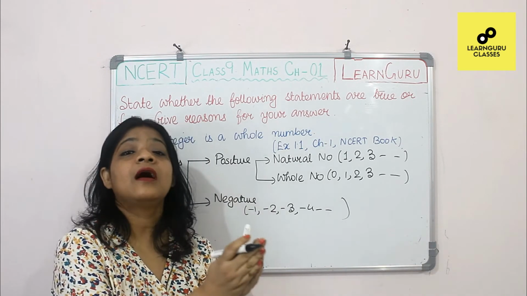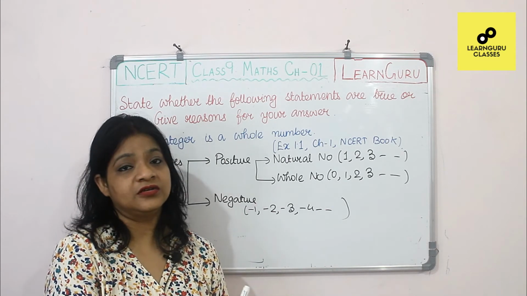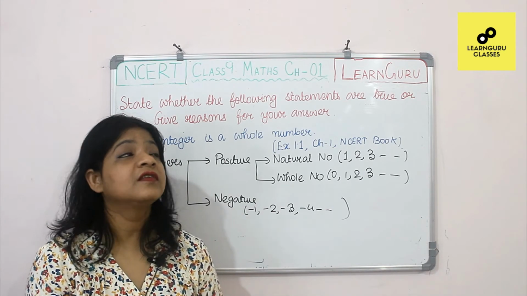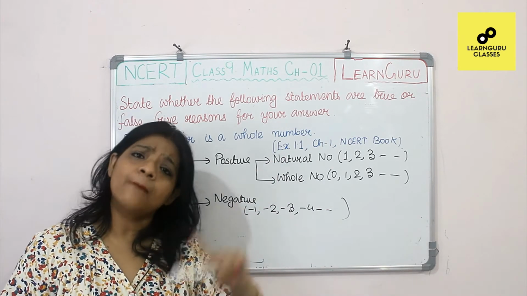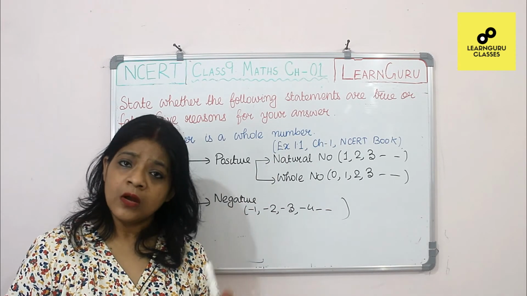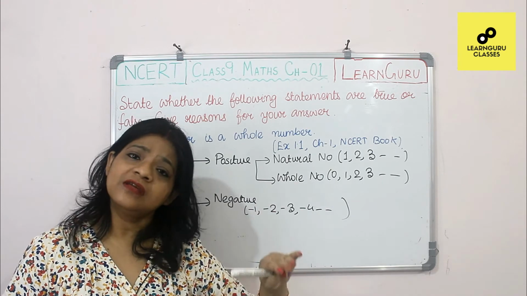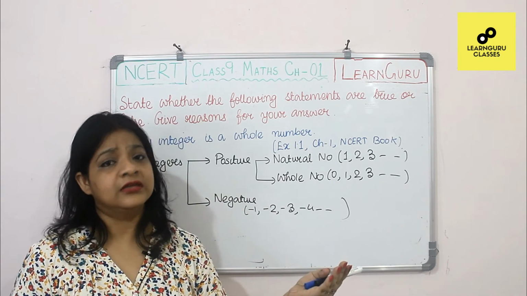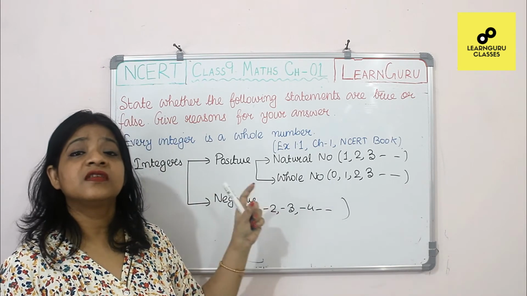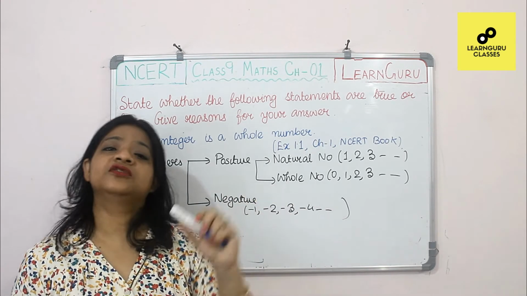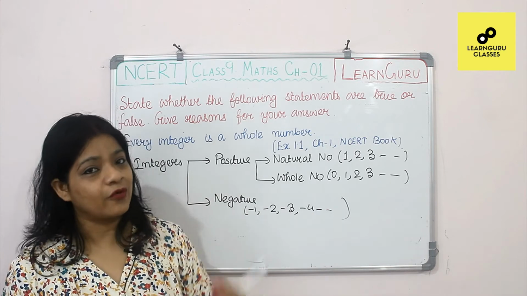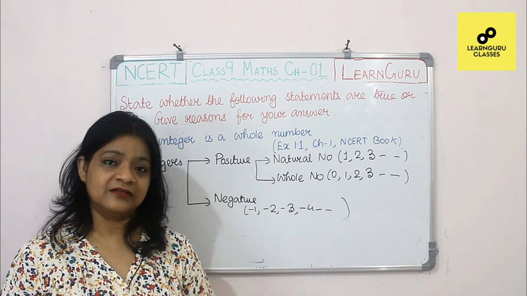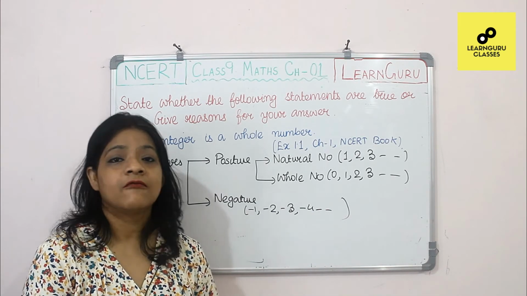Positive integer is a part of integer. So we cannot say that every integer is a whole number. Whole number is a type of positive integer, and positive integer is a type of integer. But we cannot say that all the integers are whole numbers, because integers consist of positive and negative integers. So the statement is false.